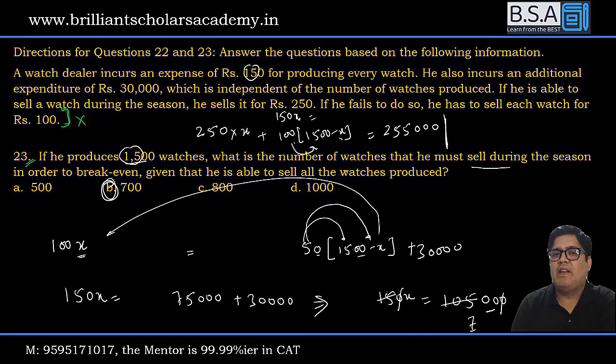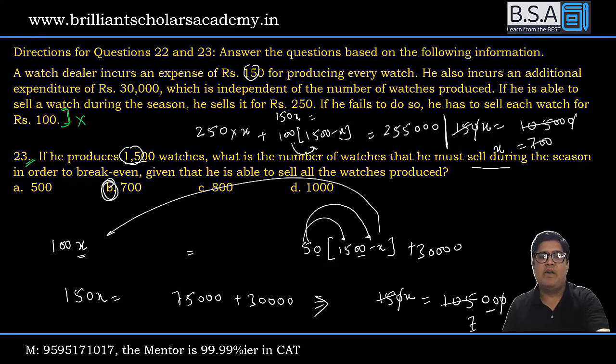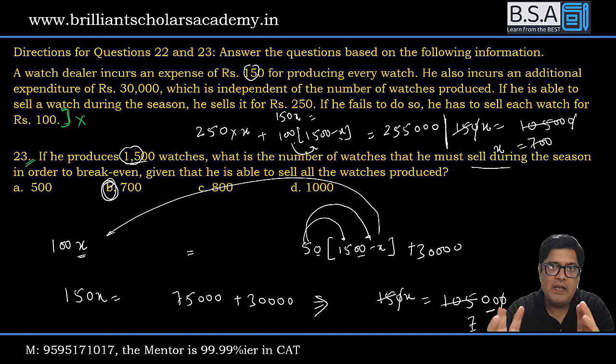So what you have here is on the left side 150x is equal to, from this subtract 1,50,000. 1,05,000. So you have the exact same answer. 0, 0 cancelled. This will cancel 700 times. Answer will not change whether I work with the exact profit and loss or I work with the total expenditure, total cost. The answer should not change. Why will the answer change?